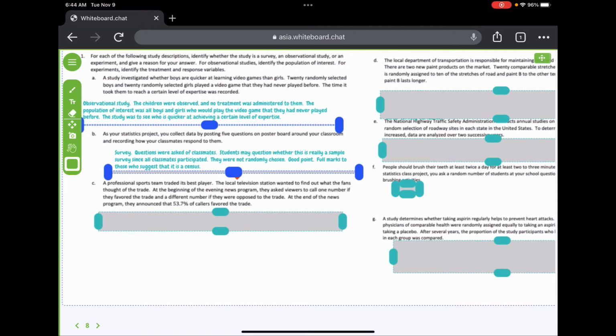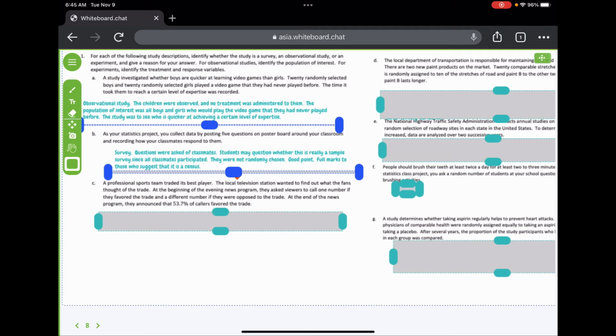They were not randomly chosen, but full marks to those who suggest that it is a census, okay? So that's kind of the answer that you may give, and they're saying, good job if you point out that it's not randomly chosen there. It's a specific group, not a random group of students.